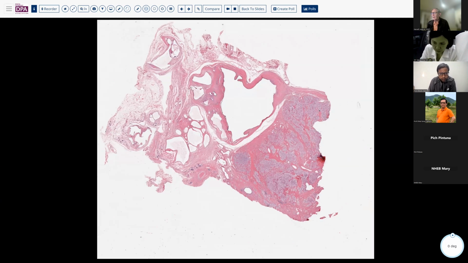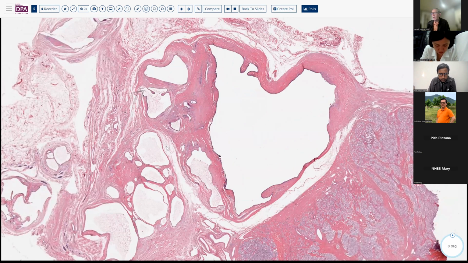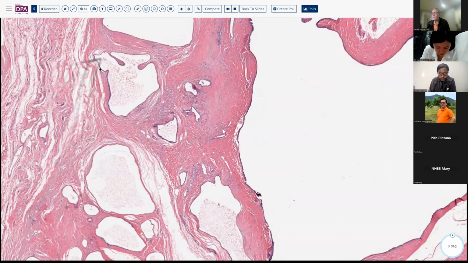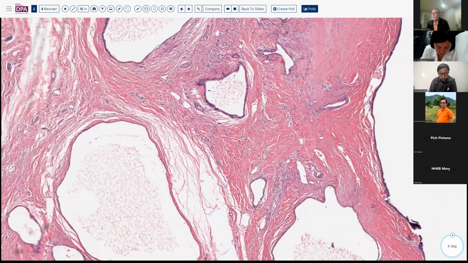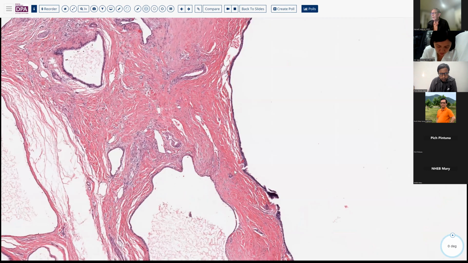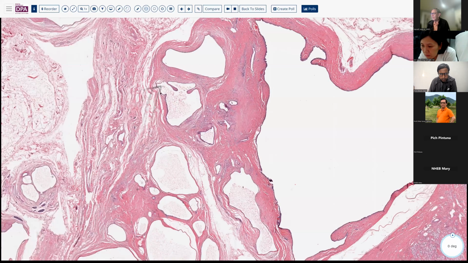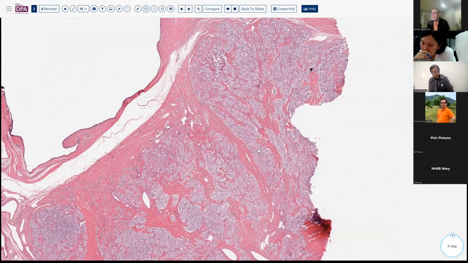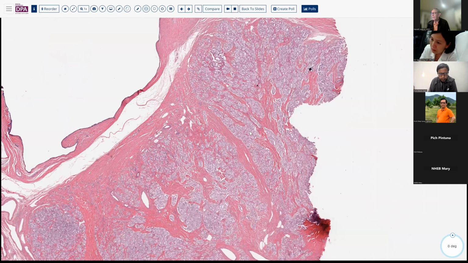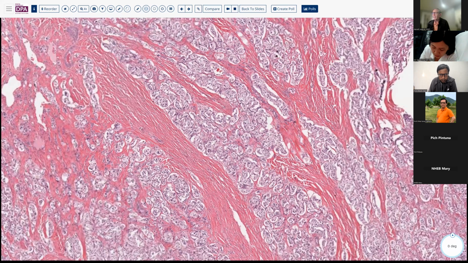I don't think this is a very common circumstance, but when the radiologist sees a more conventional serous lesion, such as this, a lot of scarring, macrocystic spaces, very low cuboidal epithelium, and they see a solid component, well, that's a good indication that there may be something else going on. And so, in fact, here we see this nested tumor with a very clear cytoplasm type of appearance.